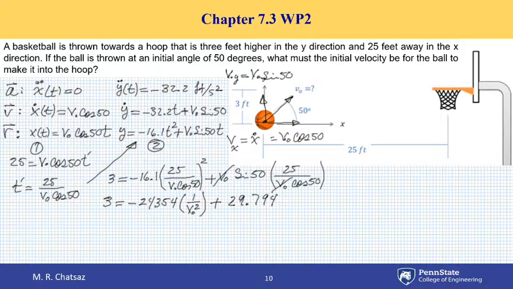So basically I have an equation with v naught squared. If I rearrange it, the rest is basically doing the algebra. So I have 3 minus 29.8, let's say, equals minus 24,354 over v naught squared.